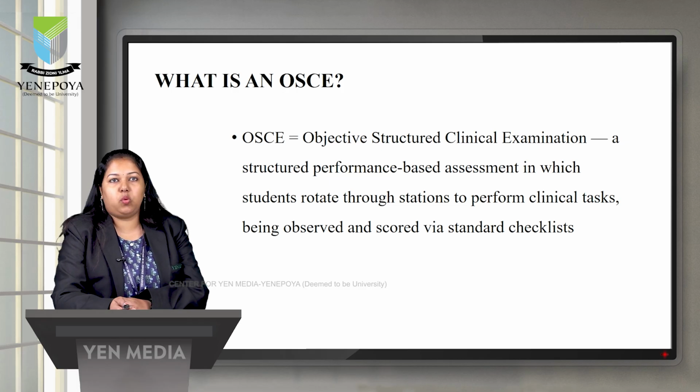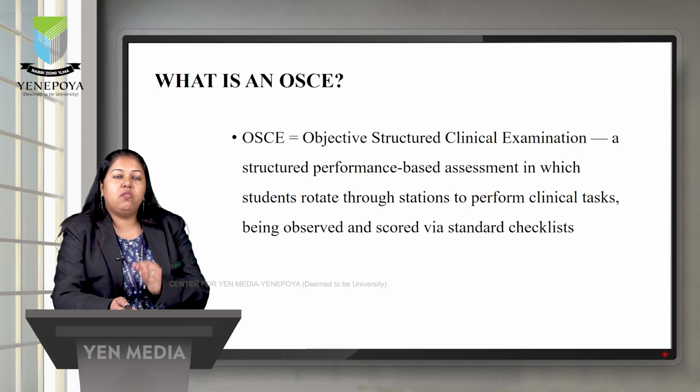So what is an OSCE? To explain in a term, it is an objective structured clinical examination, where a structured performance-based assessment is given to each student, in which the student rotates through different stations and performs each clinical task, which is observed and scored through a standard checklist.